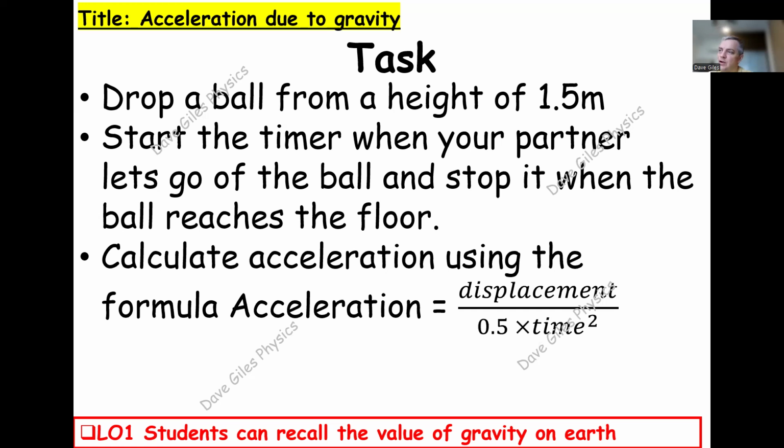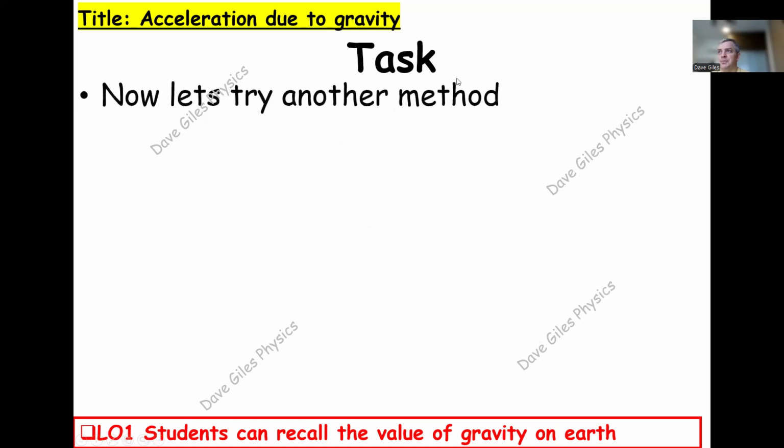That will likely increase the time, because of the reaction time in stopping. So if you increase the time, you should get an undervalue of acceleration, or sometimes it can work the other way, because you might preempt the person dropping the ball, but generally you'll get a lower value of acceleration than you would expect. So this isn't a great method to calculate gravitational acceleration.